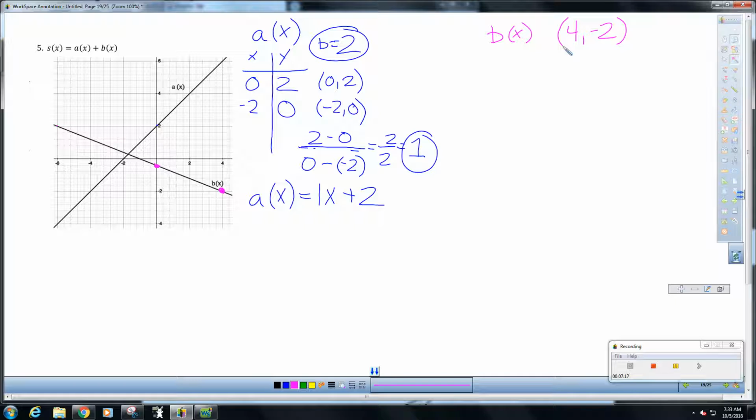And I know it contains the point negative 6 comma 2.